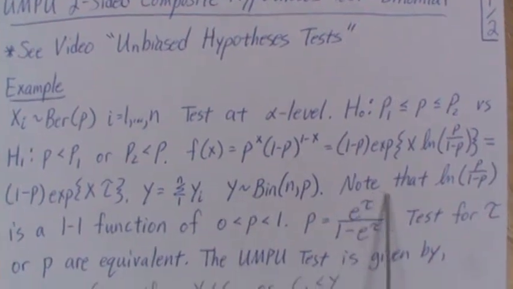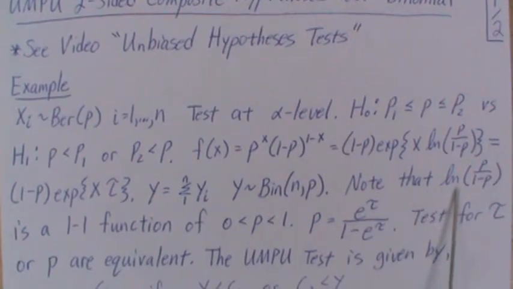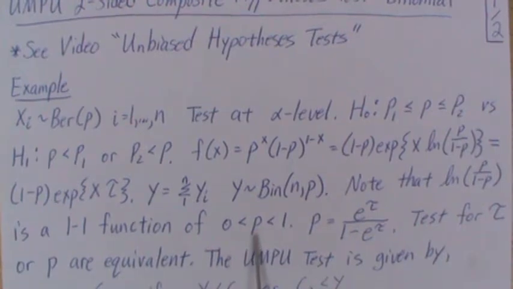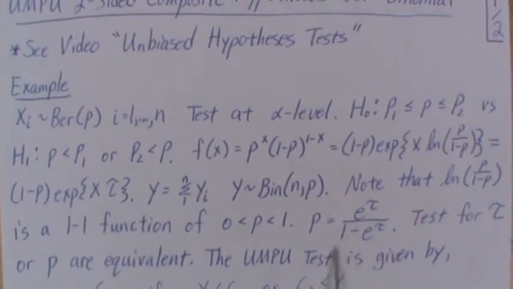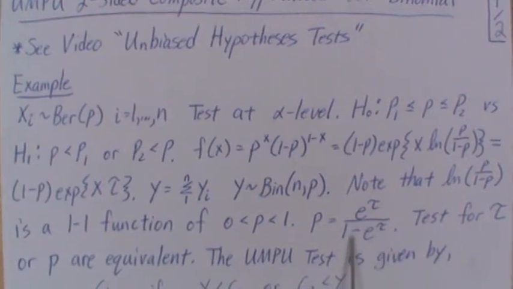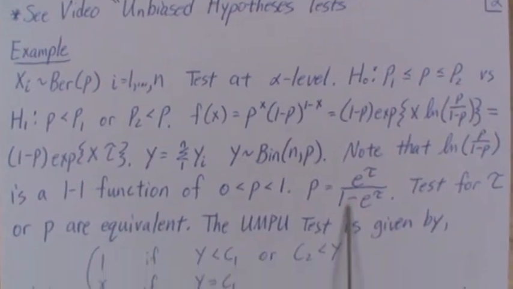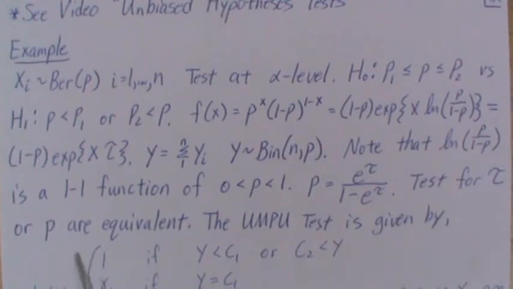But note that the natural log of p divided by 1 minus p is a 1-to-1 function of p, where of course p is a proportion between 0 and 1. But you can also back solve for p to be equal to e to the tau over 1 plus e to the tau. And so they're 1-to-1 functions of each other. So tests for tau and p are 100% equivalent.